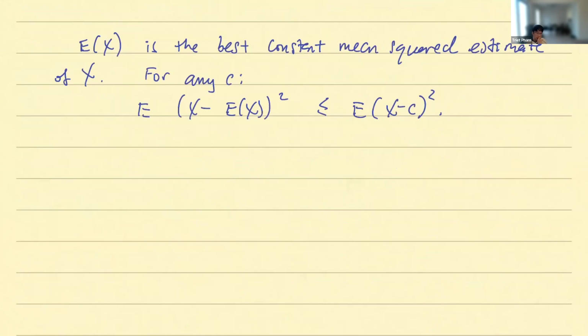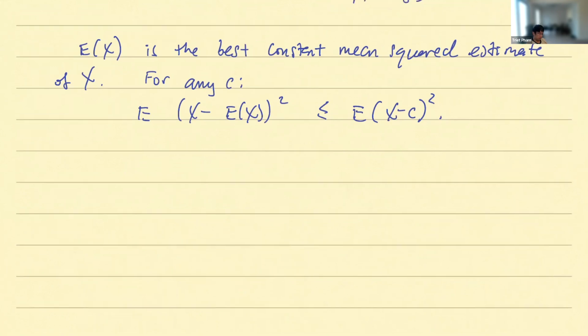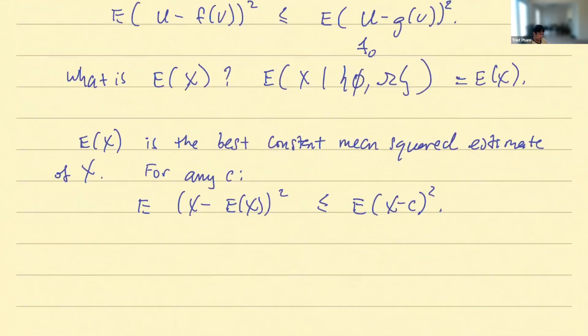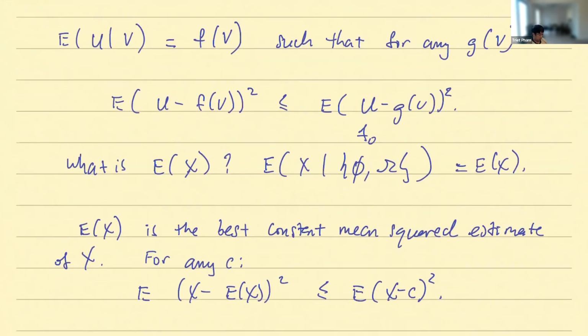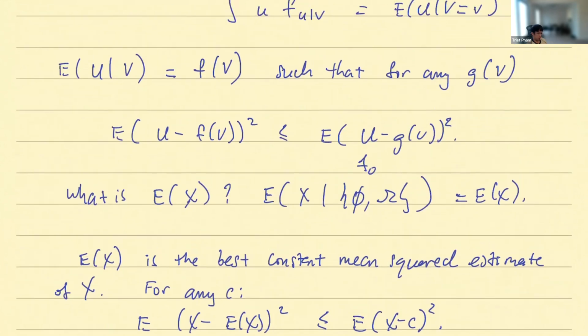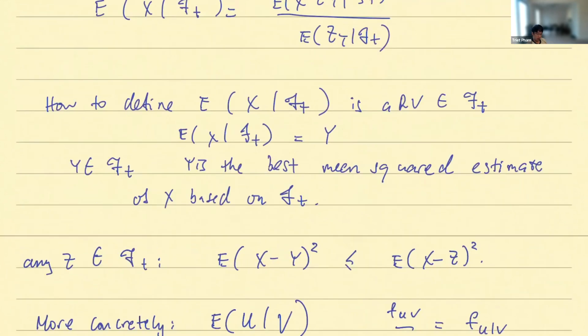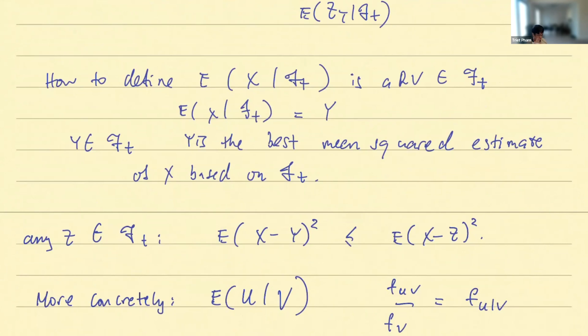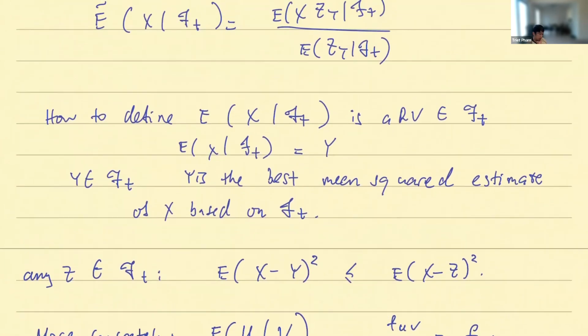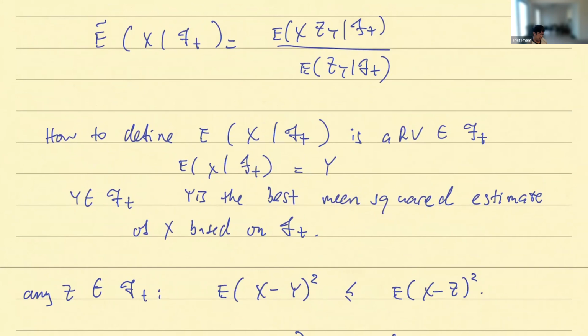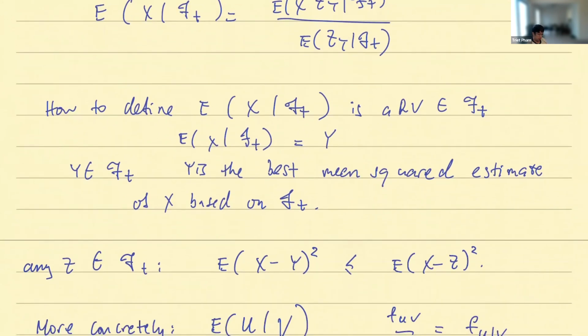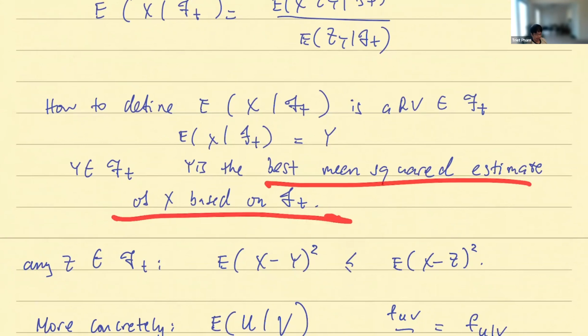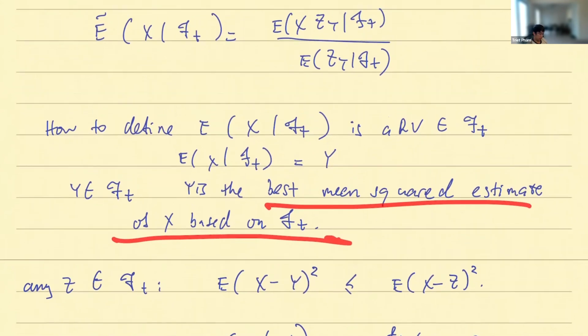Now, sadly, this is a very nice framework to think about things because everyone knows about mean square error and regression, like in econometrics, except that it's not going to help us here, because trying to prove that something is the best mean square estimate is hard.